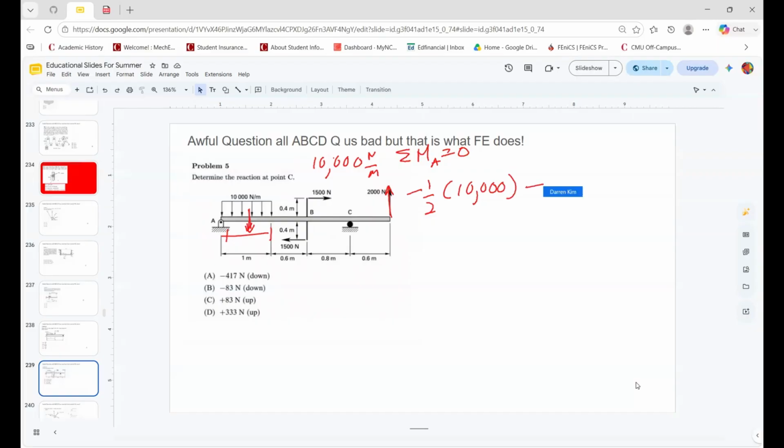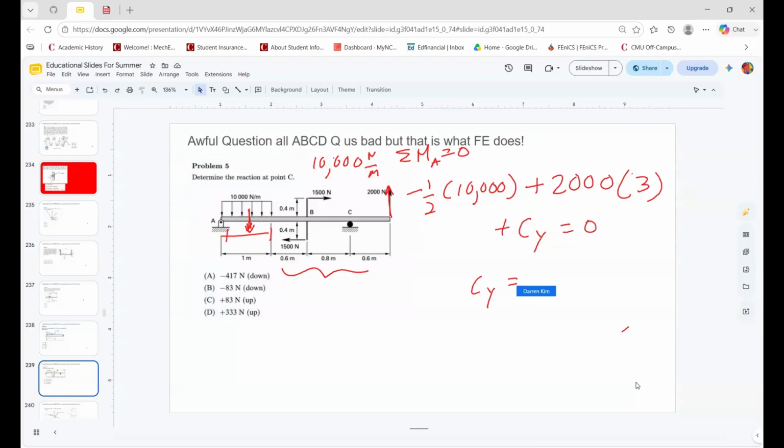It's negative. And over here is positive 2,000 newtons. And this newtons is multiplied by this amount, 1 plus 0.6 plus 0.8 plus 0.6, which is 3. So this is 3 in the positive direction, plus CY equals 0.